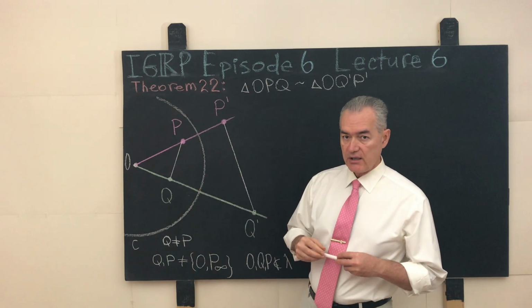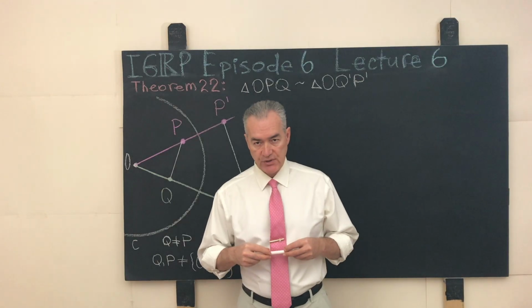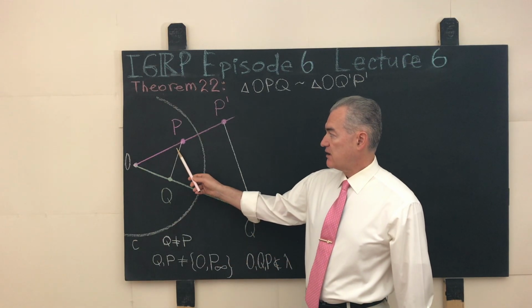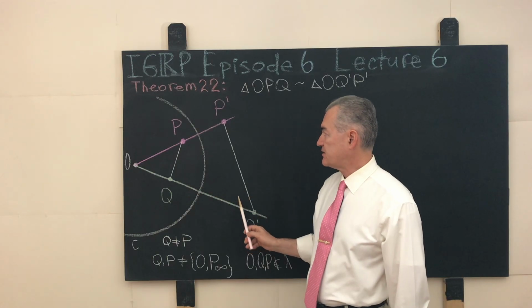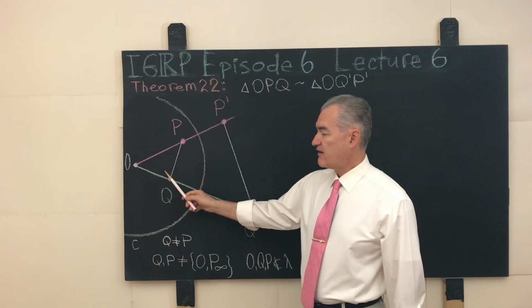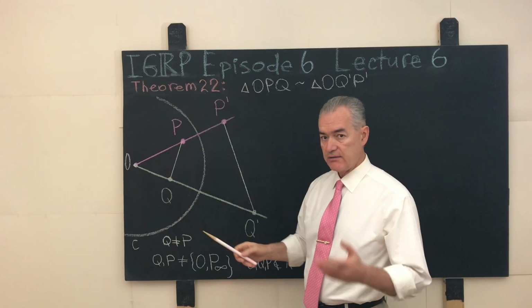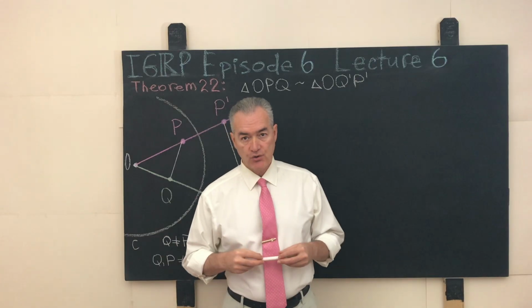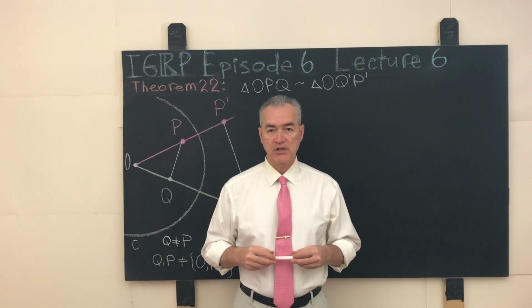The reason why I do that is because I want to give you an opportunity to see why the angles in these two triangles vary the way they do, and that hopefully will help you understand what is going on and, most importantly, why.